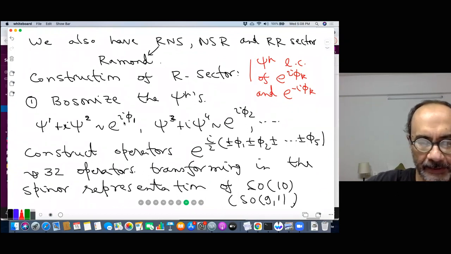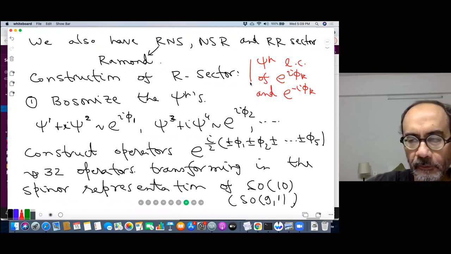You can write it that way, because psi 1, for example, is e to the i phi 1 plus e to the minus i phi 1, divided by 2, and so on. Now, e to the i phi k, when you take the product with this, what it will do is that if you start with a minus sign, it changes it to a plus sign.